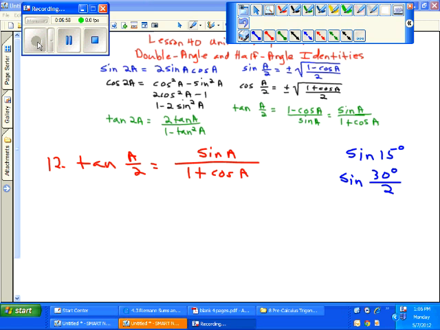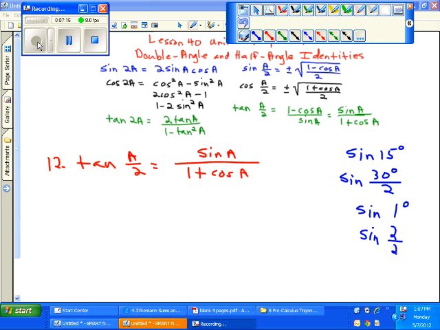What if we had the sine of 1 degree? What would half of that be? It would be the sine of 2 over 2.